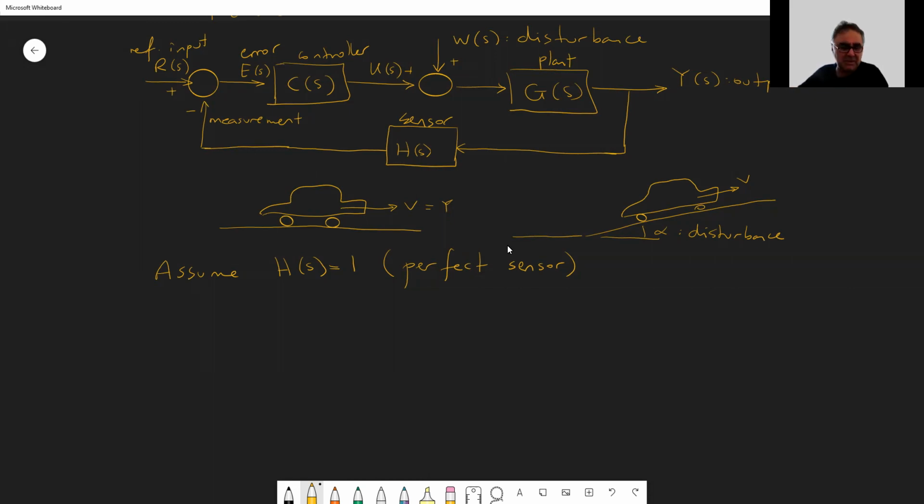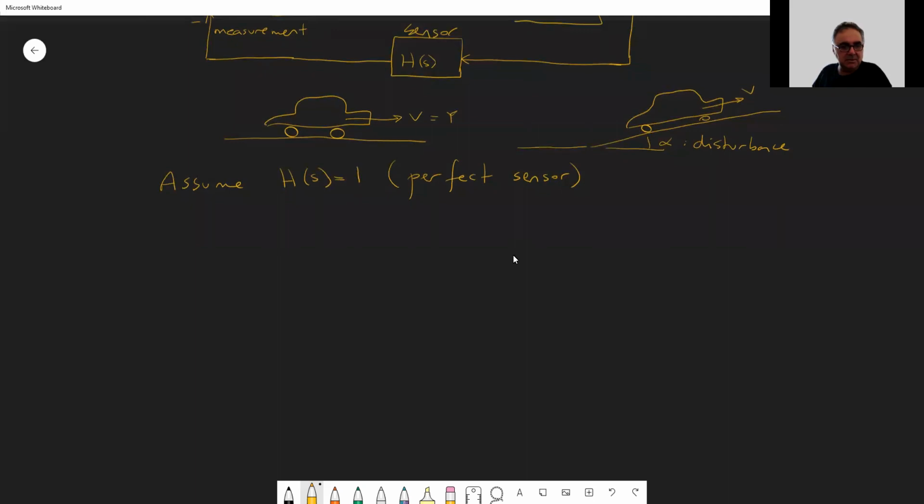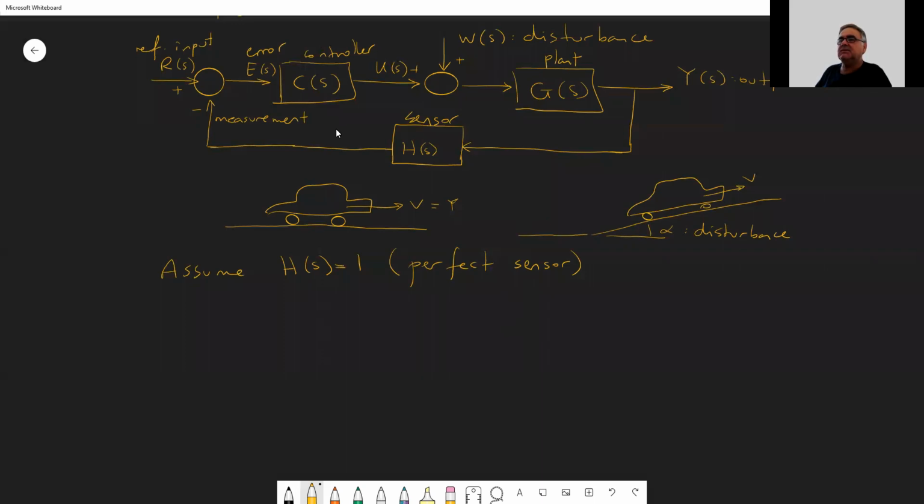Which is a reasonable assumption for many cases. Not to complicate things, this is the first assumption we make. Now, we analyze this system.